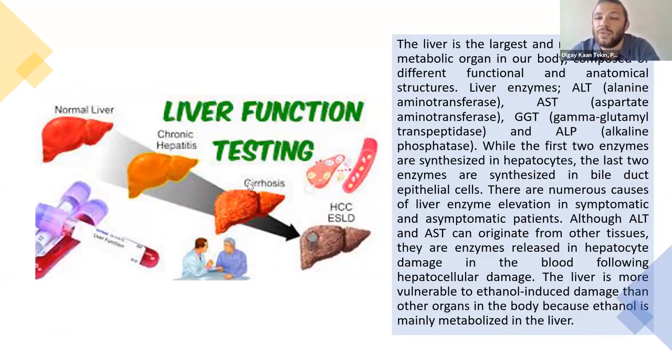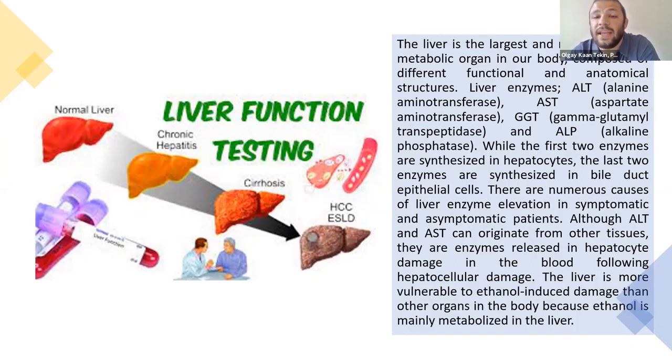While the first two enzymes are synthesized in hepatocytes, the last two enzymes are synthesized in bile duct epithelial cells. There are numerous causes of liver enzyme elevation in symptomatic and asymptomatic patients.